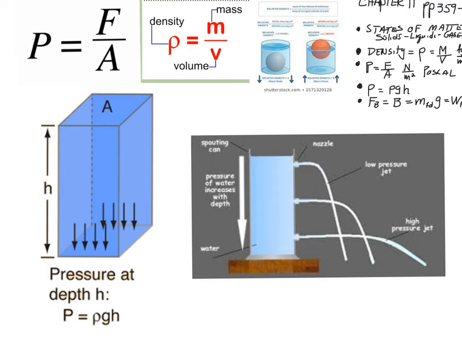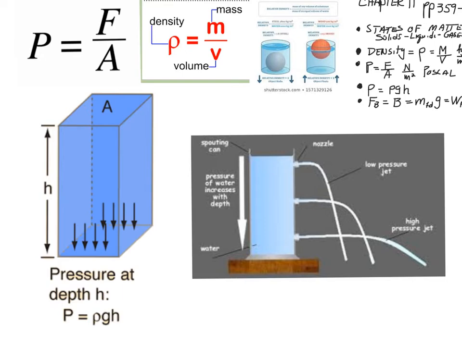So we have this equation that pressure depends on the density of the material times g times the height. The g doesn't vary as long as we stay close to the surface of the Earth, and so it'll depend on the density and the height. Like I mentioned earlier, air is very low density, so it takes a lot of height in order to change the pressure much.